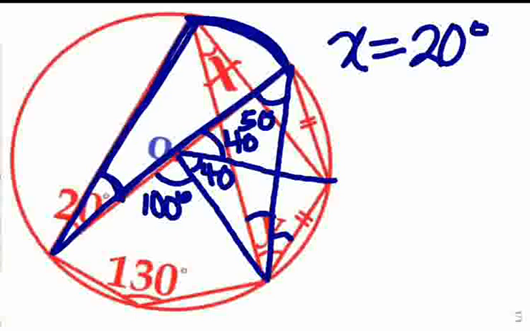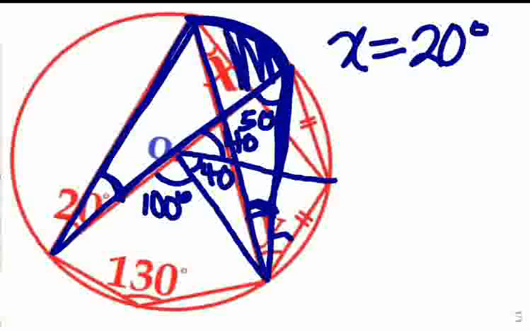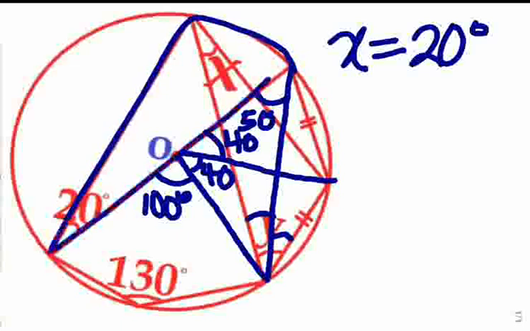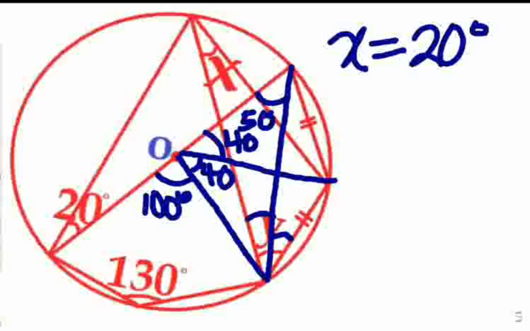The same arc goes on to form part of this angle y on the same circumference. Do you know that angles in the same segment are equal? So if the angle formed by this arc here is 20 degrees, the same arc will go on to form an angle of 20 degrees here.